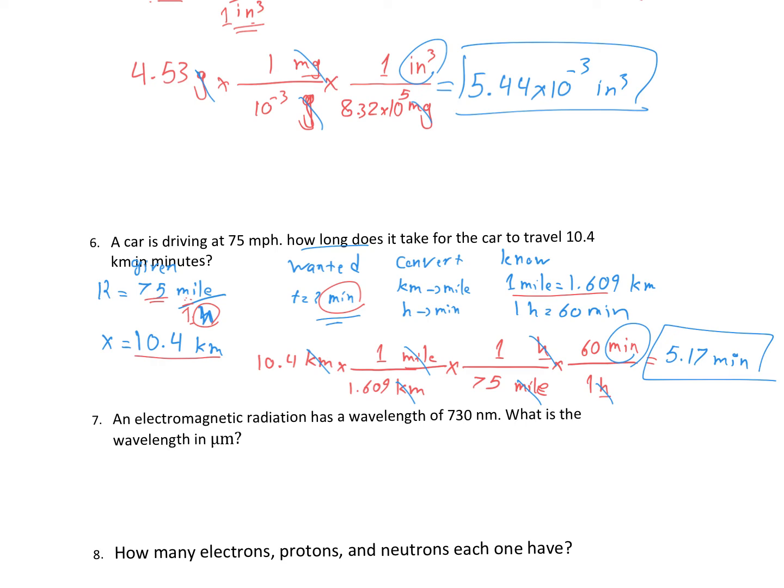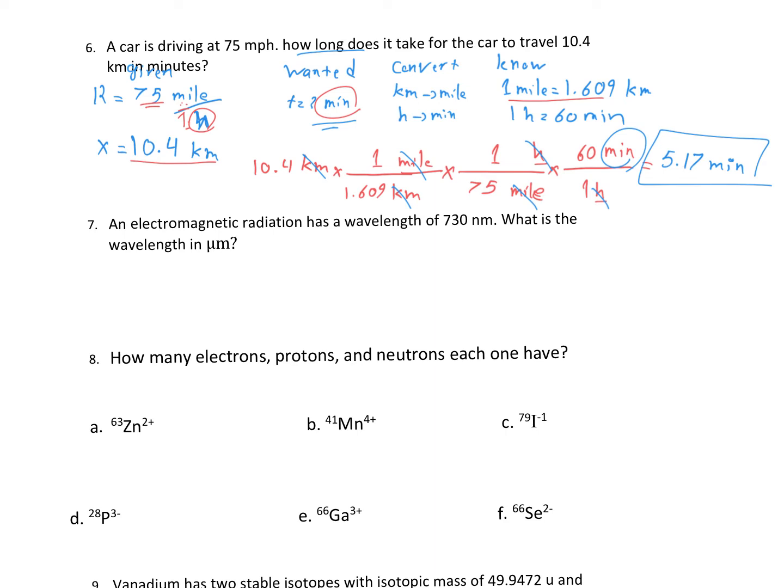I think that's the last dimensional analysis question. An electromagnetic radiation has a wavelength of 730 nanometer. If you read a question and you don't know the concept, it's still okay. Just write down the information. Maybe you don't know about electromagnetic radiation or wavelength, but the question is not asking you to explain these things.